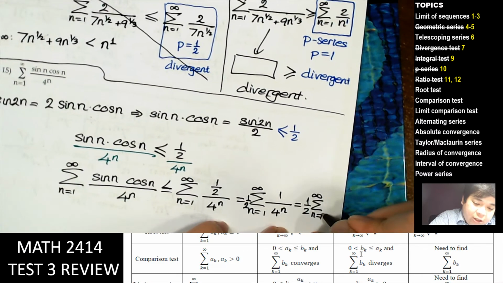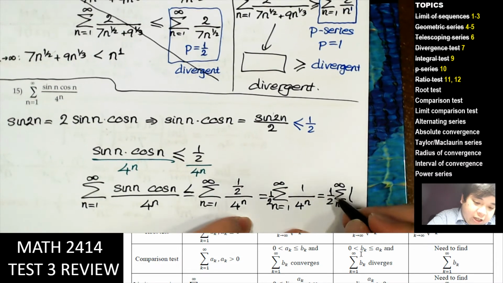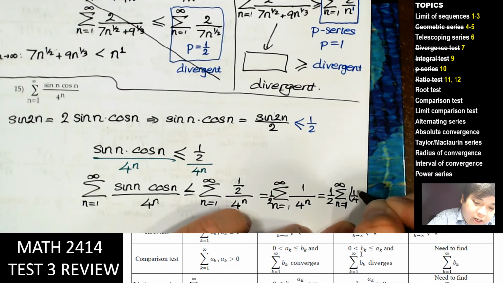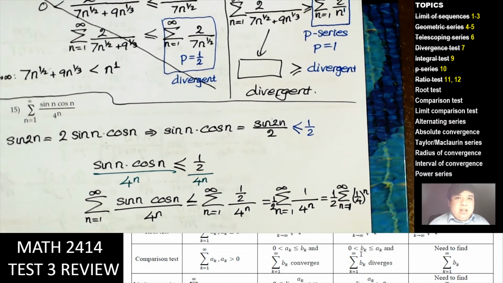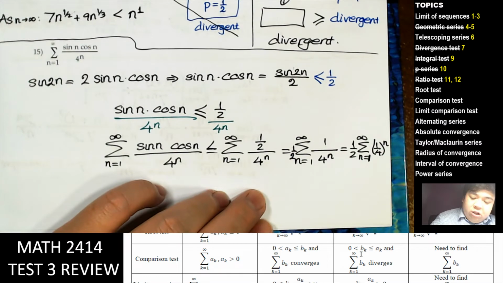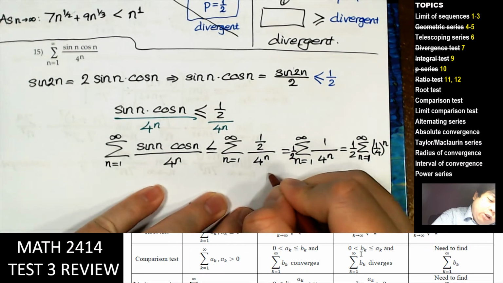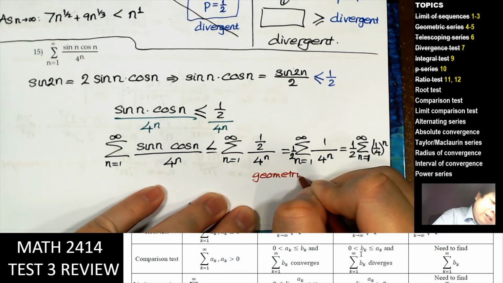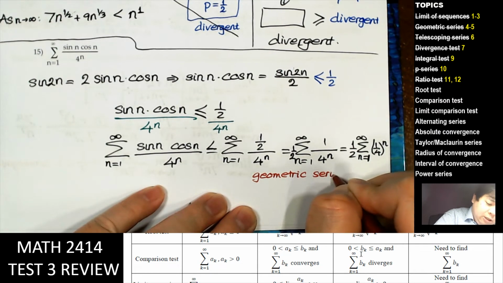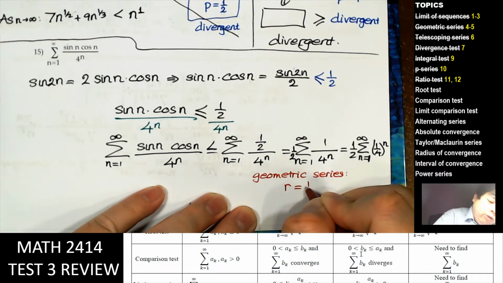If we write the 1 over 4n as 1 over 4 to the n power, this actually is a geometric series, with the ratio r equal to 1/4. So the left hand side is a geometric series with r equal to 1/4.